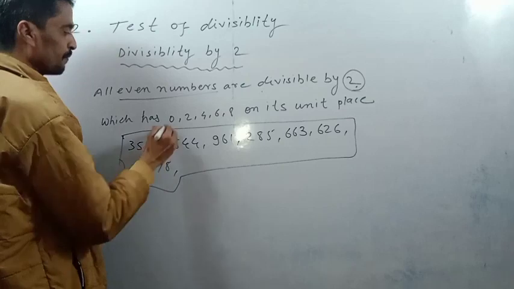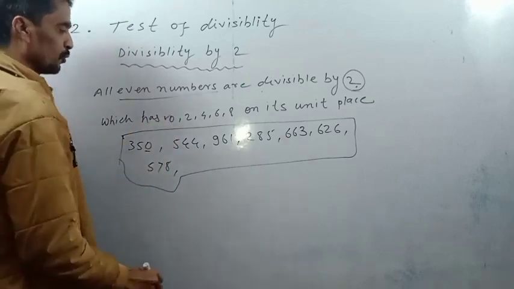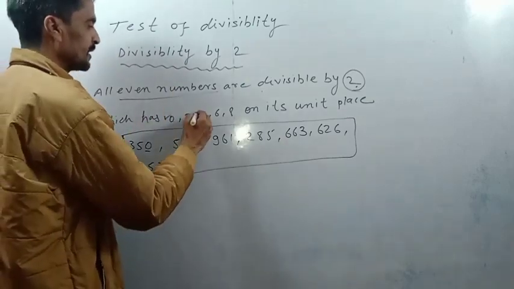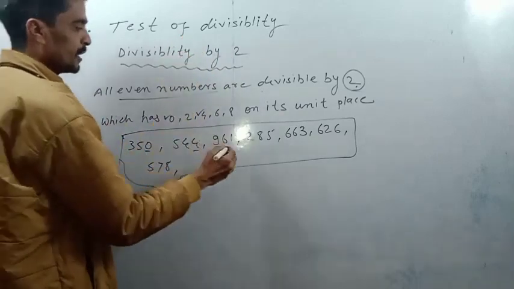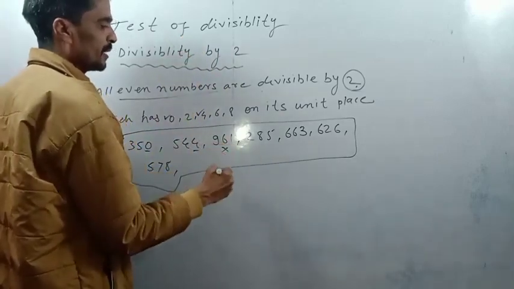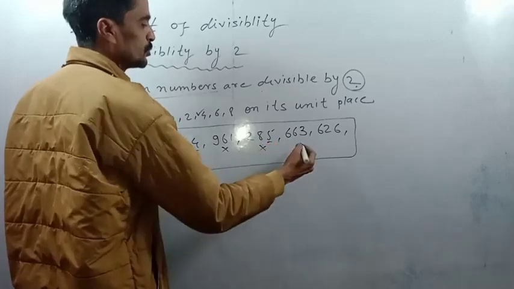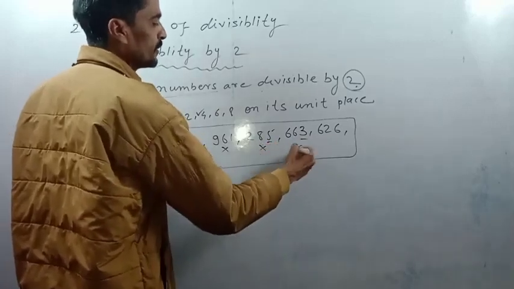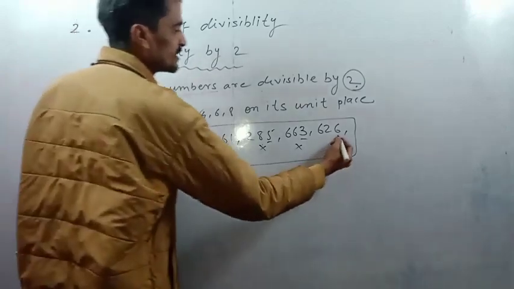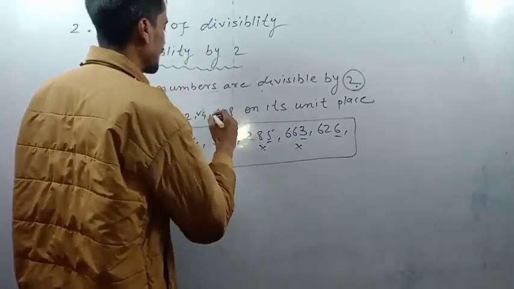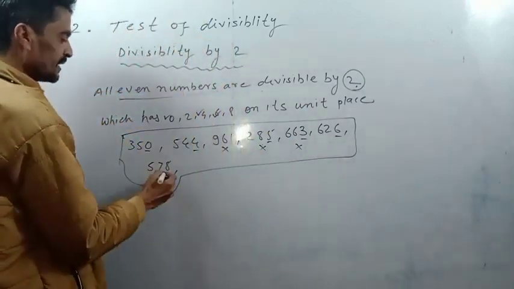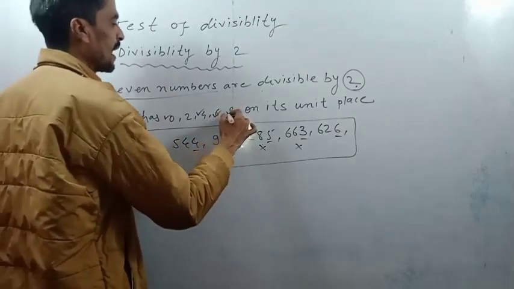Here 0, that's why it is divisible by 2. Here 4, divisible by 2. Here 1, not divisible by 2. Here 5, not divisible. Here 3, not divisible. Here 6, divisible by 2. And here 8, divisible by 2.